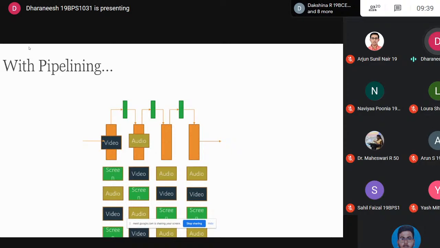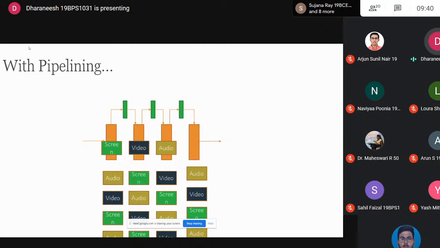So like this, even in the second stage of processing, you can see that both the processors are working on 2 different tasks, and everything goes fine. After this stage is completed, the first latch will store the video intermediate results, and the second latch will store the audio intermediate results. Once this is done, the next file is taken.